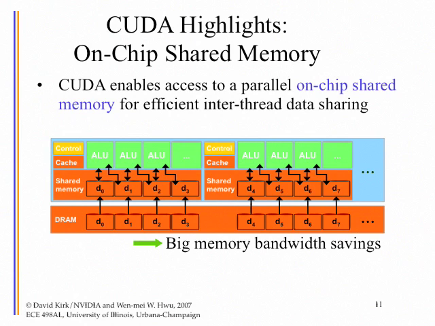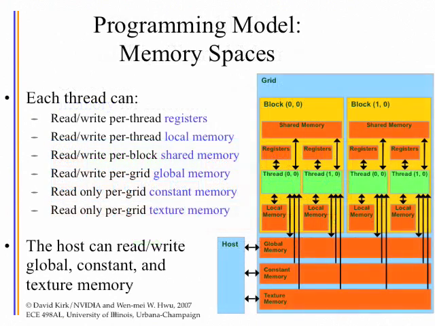However, the bandwidth on chip is at least an order of magnitude higher because these are run by wires on chip. They're much, much cheaper, and they're also running at a higher clock frequency. That's why CUDA actually exposes this shared memory to the programmers.